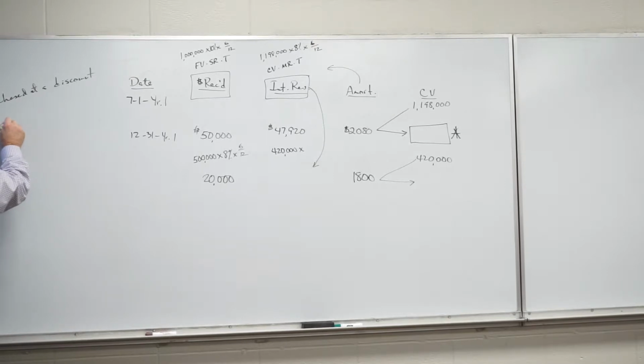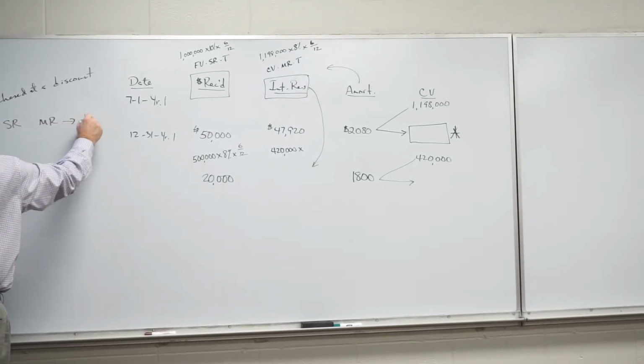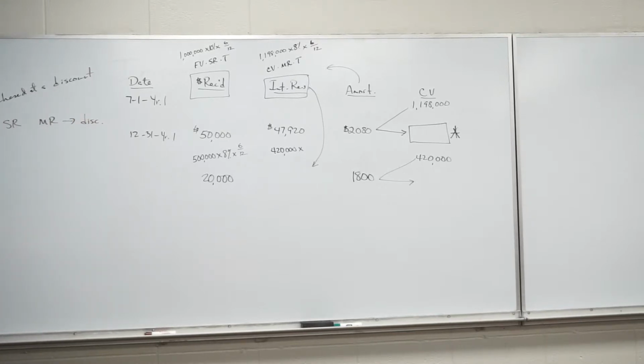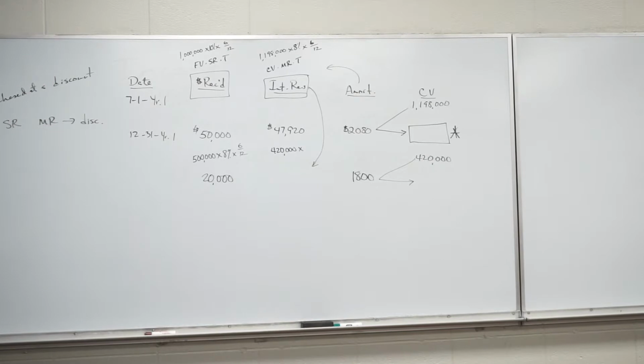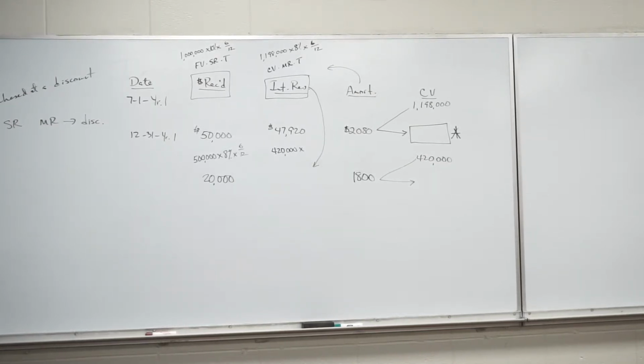what is the relationship between the stated rate and the market rate when you purchase them at a discount? The market rate is greater than the stated rate. Okay, the market rate is greater. Therefore, the stated rate is less than. Right?